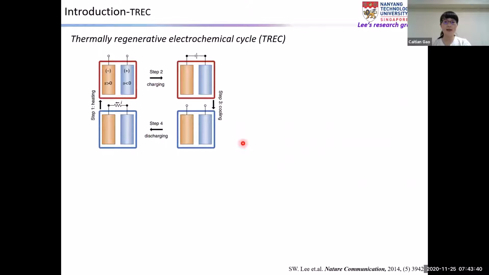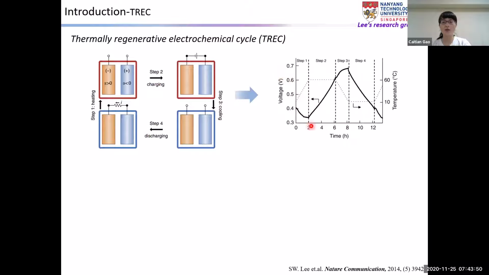Normally, the TREC cycle contains four steps: heating, charging, cooling, and discharging. If we draw these steps using the voltage-time curve, we get a curve like this. During heating, if the cell has a negative alpha, the potential will decrease. Then we charge the cell to some higher voltage. Then we cool down the cell, and the potential will increase as the temperature decreases.